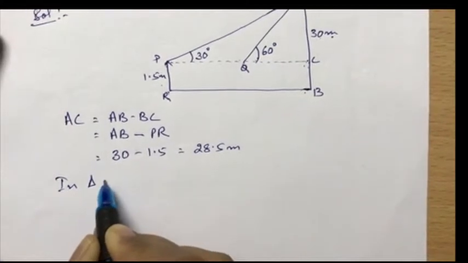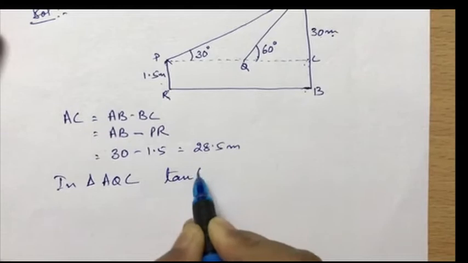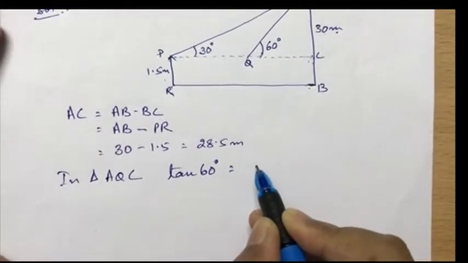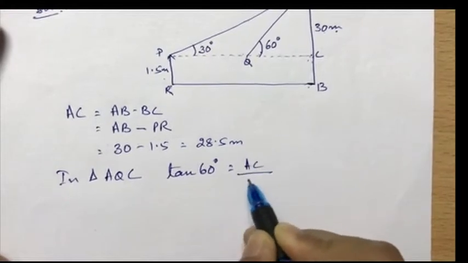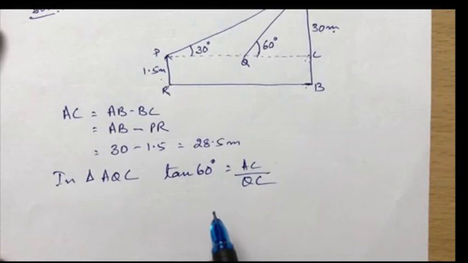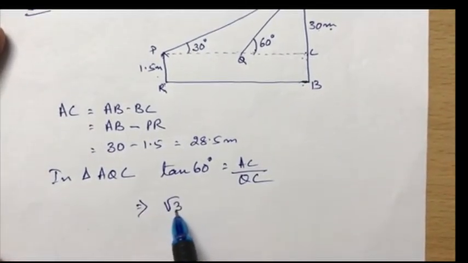Okay, in triangle AQC, tan 60 degree will be AC by QC. Can I write AC by QC? Yes, I can write. What is tan 60? Tan 60 is root 3.